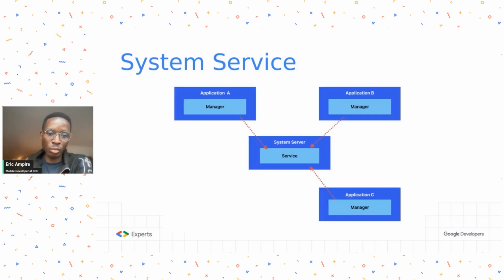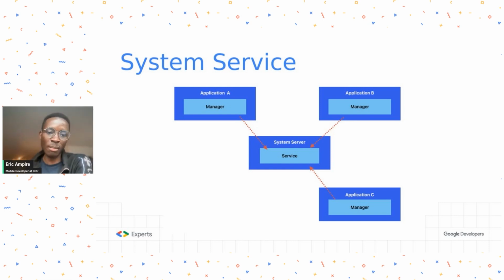And we can also have something like this. We have different applications. Let's say we can have three different applications that use the same manager. It means that every single application on our device will have its own instance of the manager, but all those managers will be linked to one service.